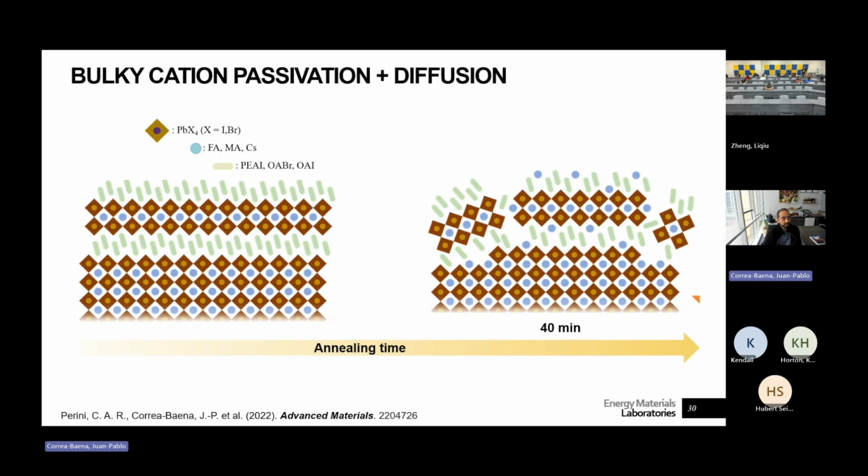So this is the cartoon that we propose: we have a 2D structure that forms on the surface. And then when we heat up the material at 100 degrees for 40 minutes, this material kind of crumbles apart and starts to lose its crystallinity, which we don't want. So the materials are not very stable under heating.